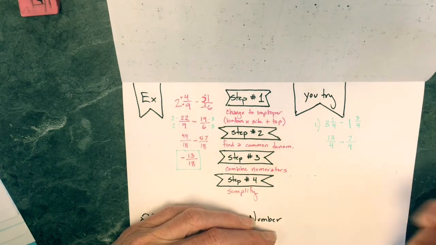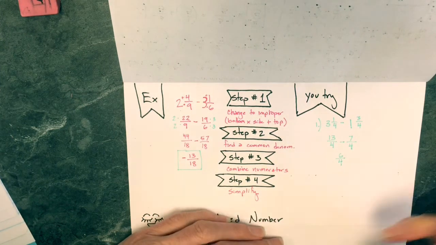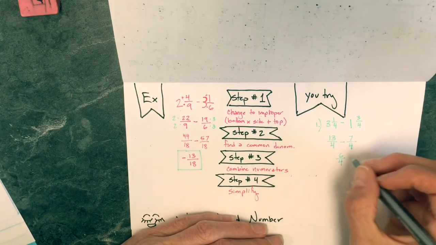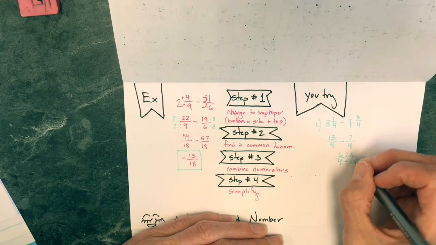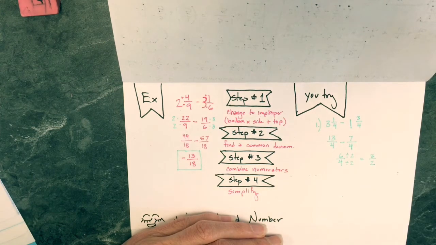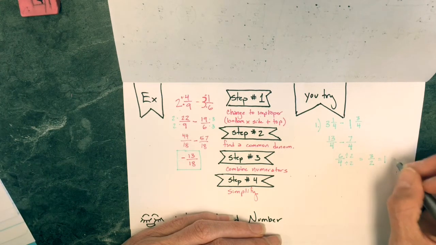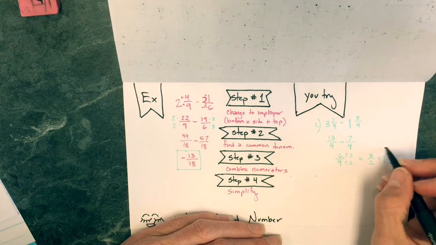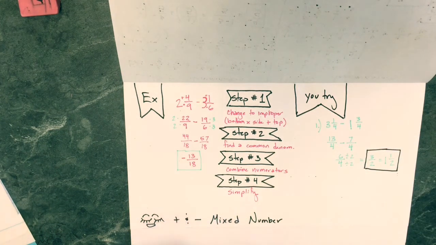So 13 minus 7 would be 6 over 4. Next step, I need to simplify. I do need to simplify this one. 2 can simplify if I divide it on the top and the bottom. So this becomes 3 over 2. I would accept that answer. Or if you want to change it back into a mixed number, 2 goes into 3 one time with 1/2 left over. So either one of these answers, these have the same value.